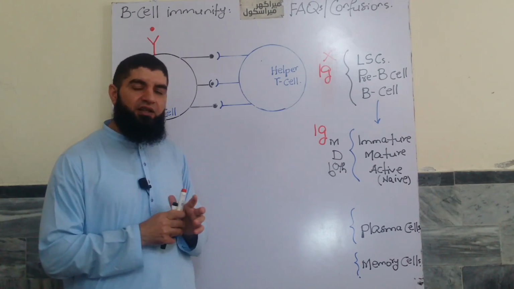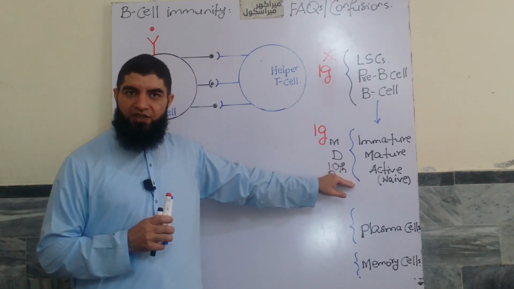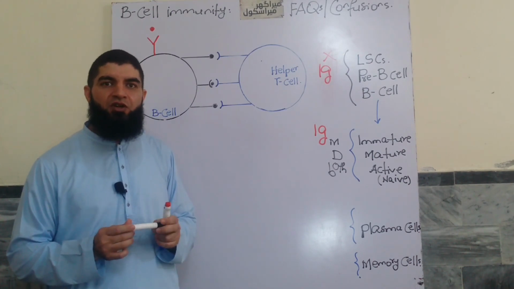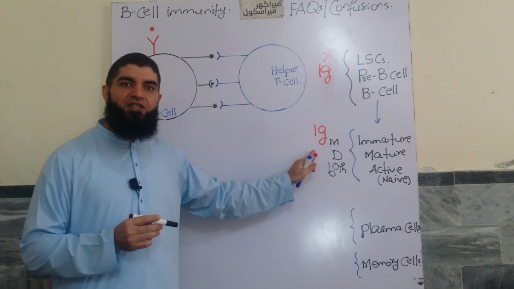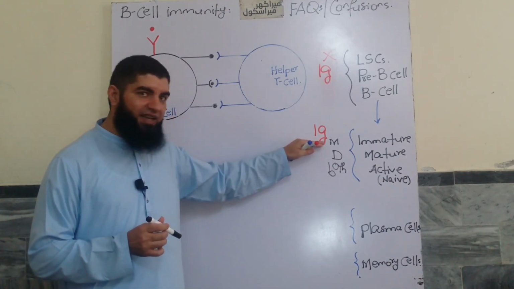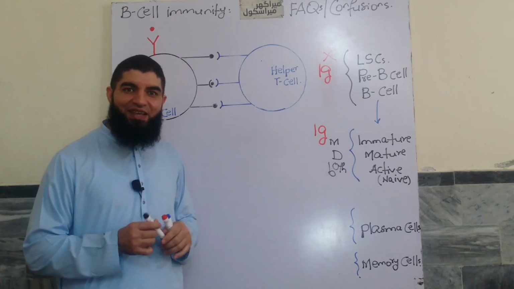Here at their pre-processing sites they grow further and they differentiate slowly and gradually into more mature B cells. This is at this level when they express surface immunoglobulins, that is either immunoglobulin M or D, or they may have both simultaneously.